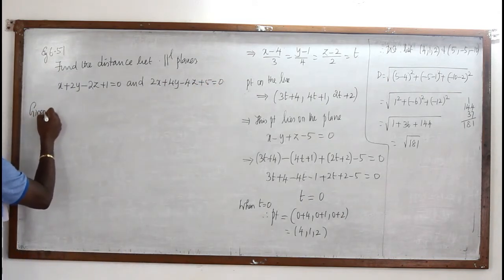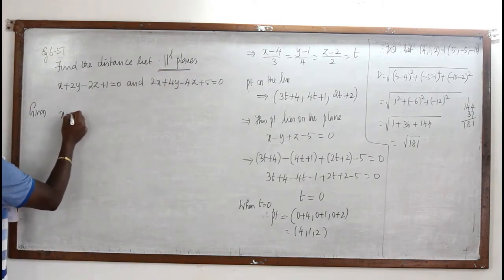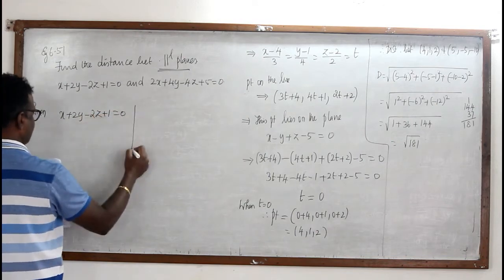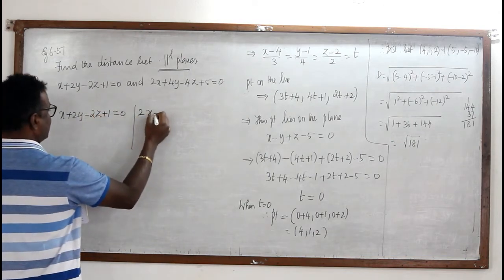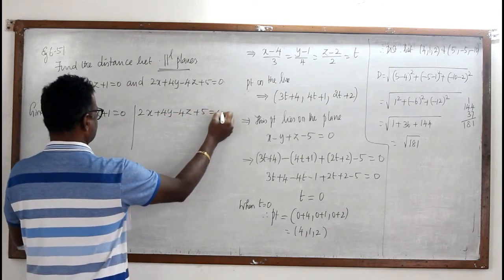First we shall see whether these two planes are parallel. Given x plus 2y minus 2z plus 1 equal to 0, then 2x plus 4y minus 4z plus 5 equal to 0.